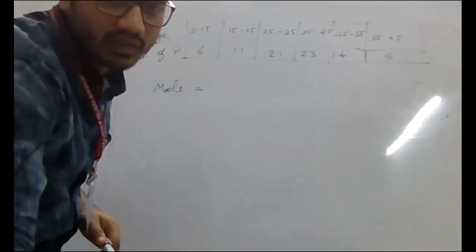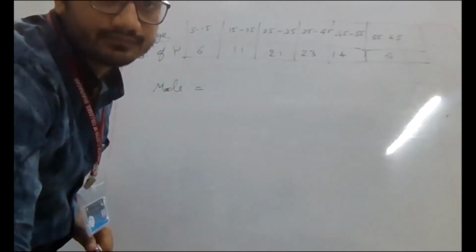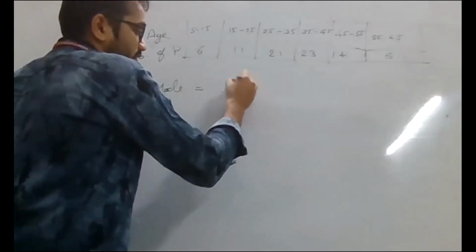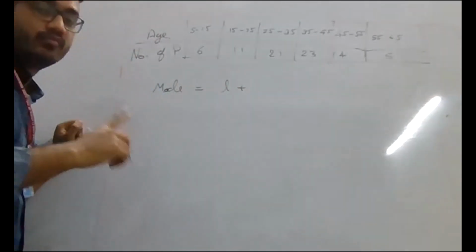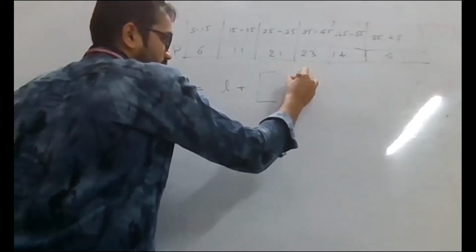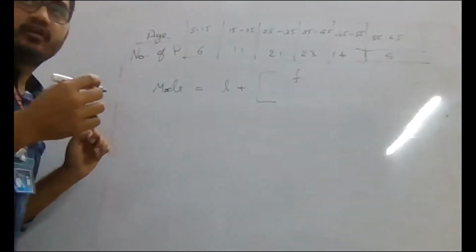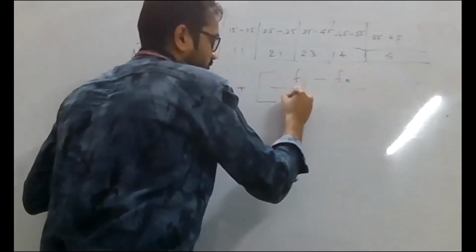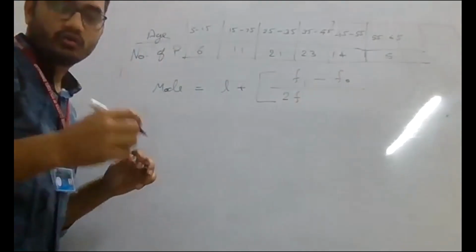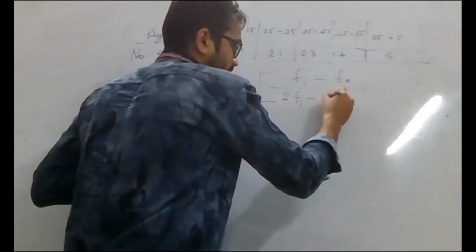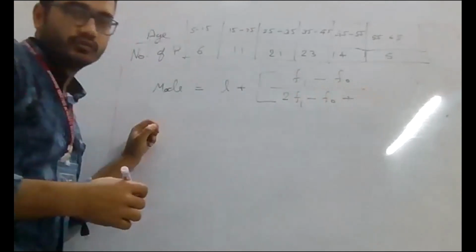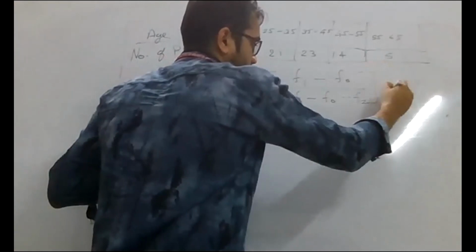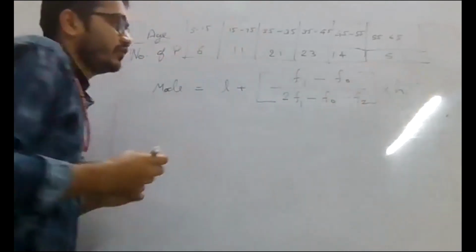That is L plus, in brackets, F1 minus F0 upon 2F1 minus F0 minus F2, bracket close, into H. That is the formula we are having.